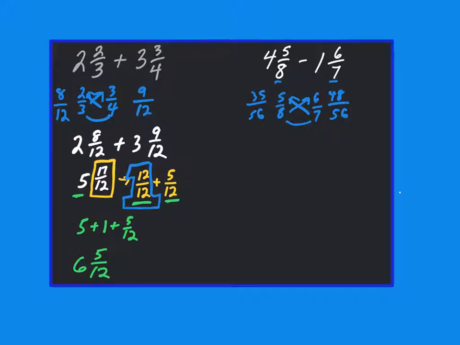And now we have 4 and 35/56 minus 1 and 48/56. Oh, looks like we have an issue here. Our issue is that we cannot take 48/56 from 35/56. So we will need to borrow.